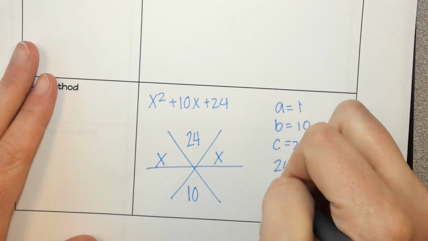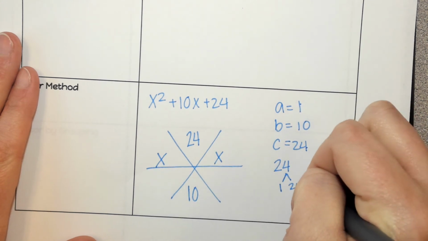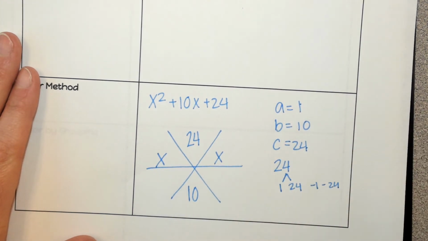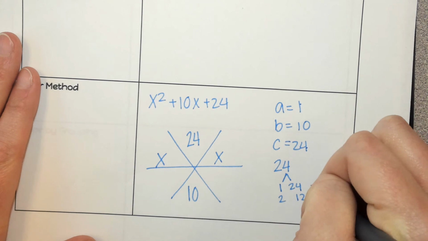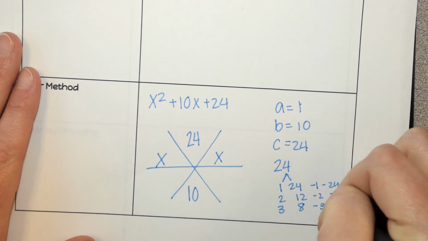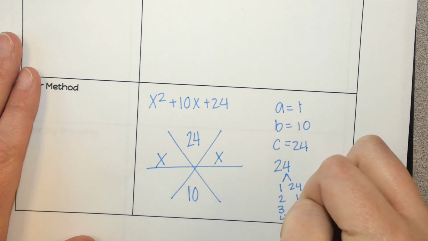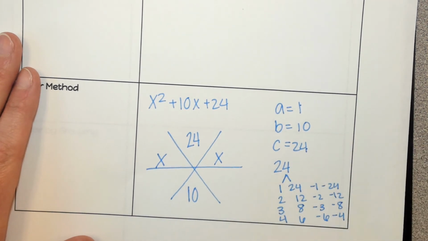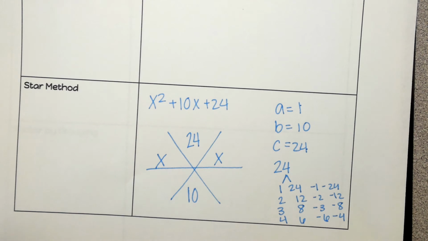Okay, so we can do 1 and 24, or negative 1 and negative 24. We can do 2 and 12, or negative 2 and negative 12. 3 and 8, or negative 3 and negative 8, 4 and 6, or negative 6 and negative 4, and that might be all of them.